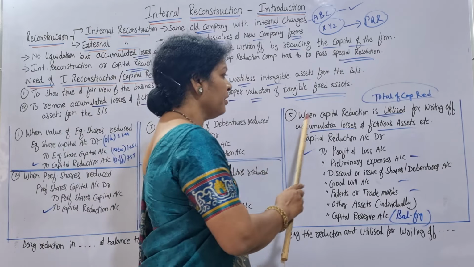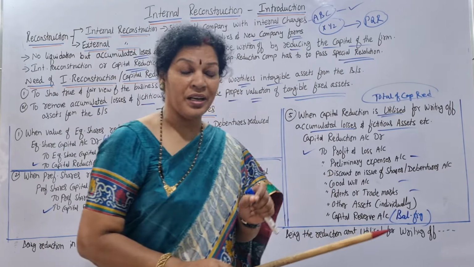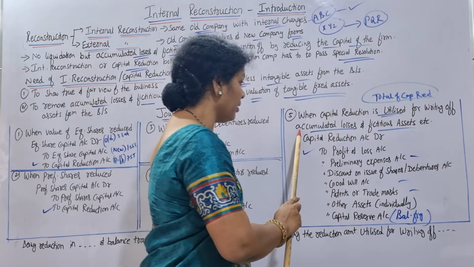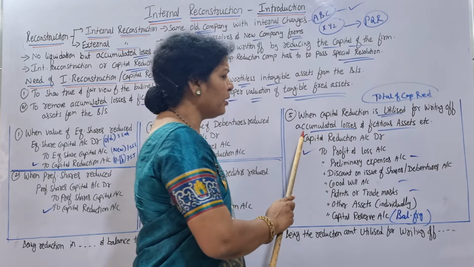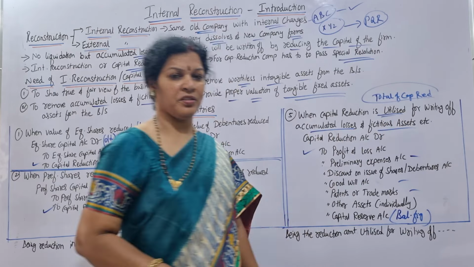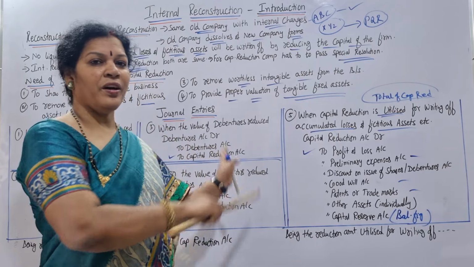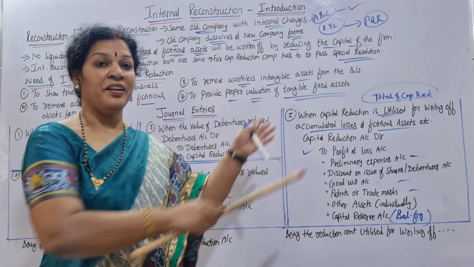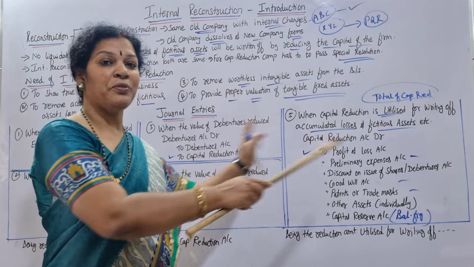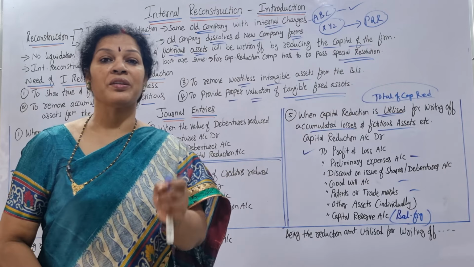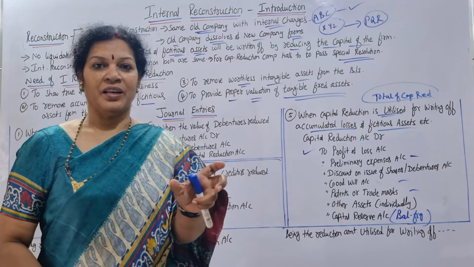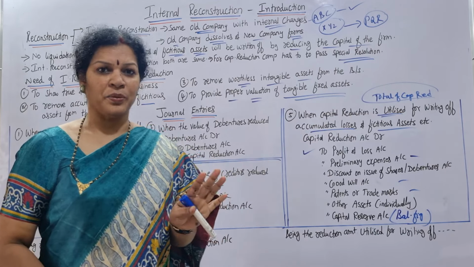What is this entry? When capital reduction is utilized for writing off, what are you writing off? Accumulated losses and fictitious assets. So far capital reduction was credited. Now we debit it, because we are going to utilize this amount to write off the assets and any other expenses you find.